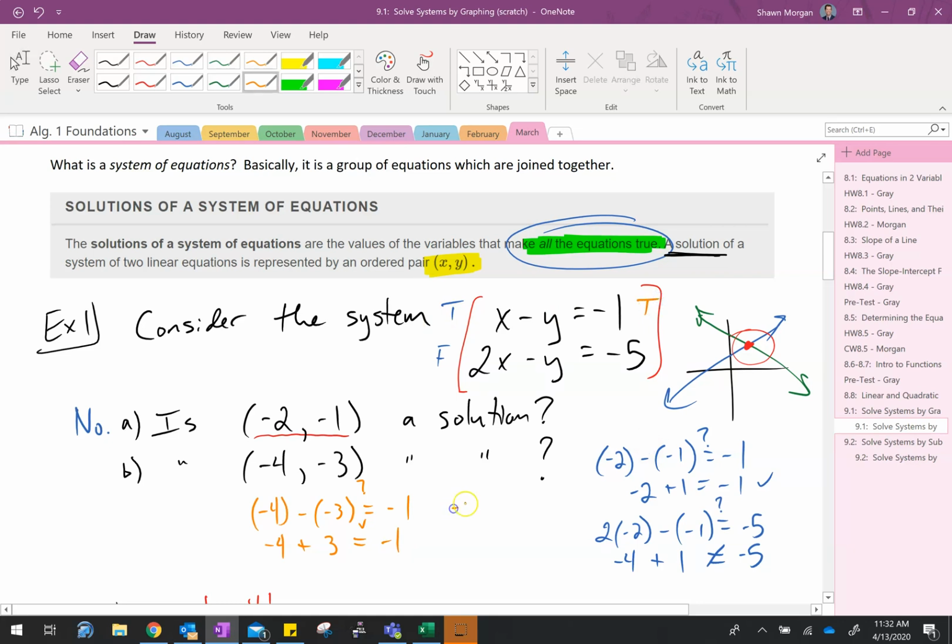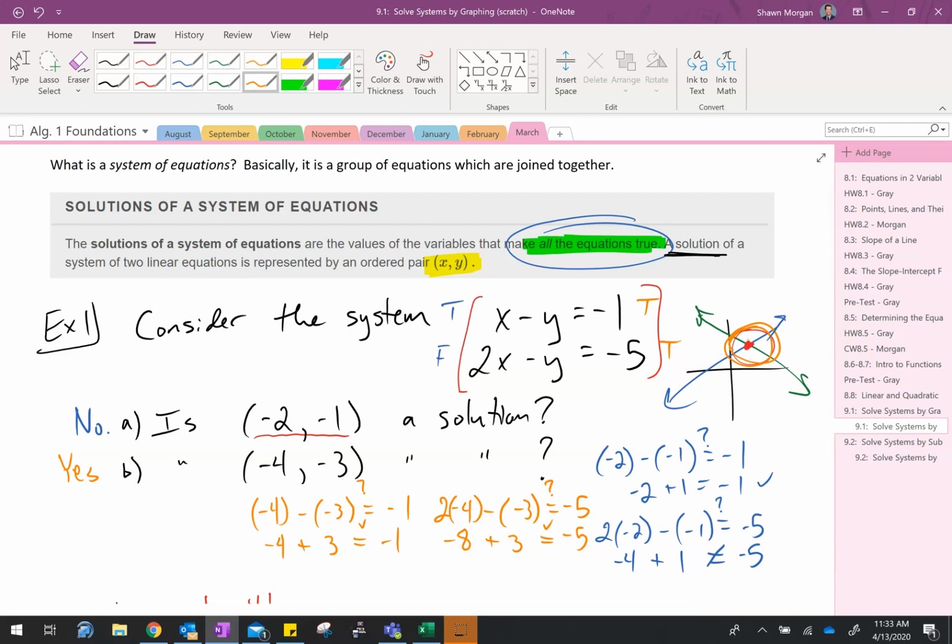Then we plug in -4 for x into the second equation, 2x minus y, and -3 goes in for y. Does this equal -5? -8 plus 3, it does equal -5. So we get a true statement in the second equation as well, and therefore we would say, yes, this is the solution. In other words, graphically speaking, this is the point that was on both lines.